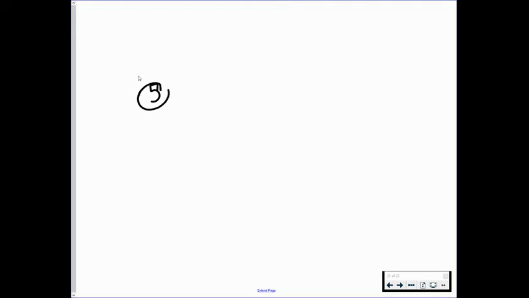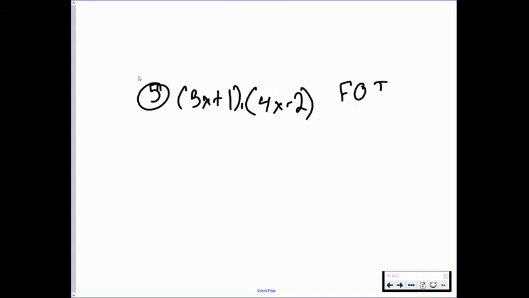On the next question, question 5, we're taking 3x plus 1, and I'm going to multiply it with 4x minus 2. To multiply two binomials together, there was an acronym that we learned, and it was FOIL.